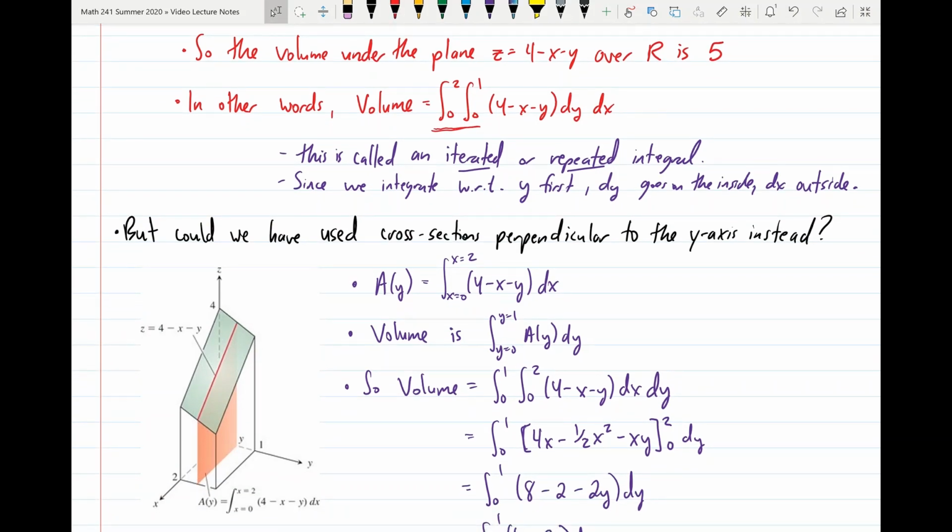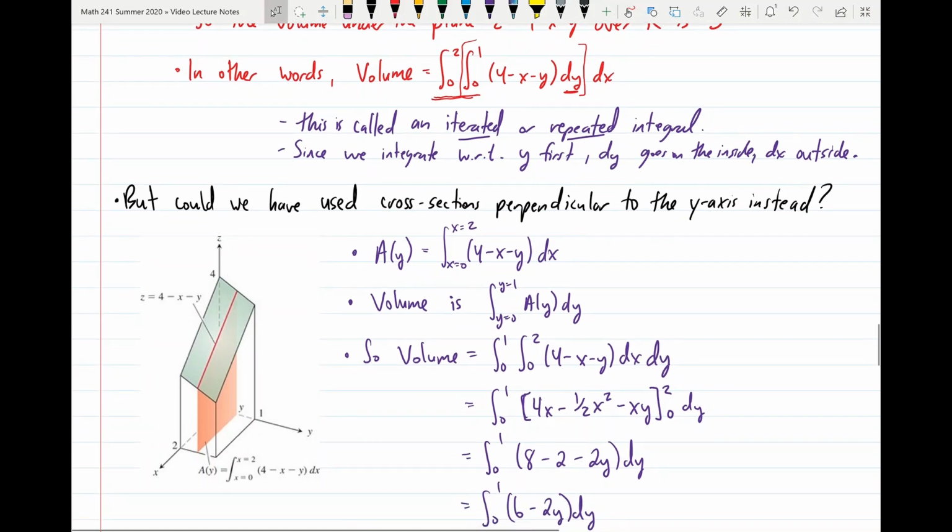And notice that since we are integrating with respect to y first, the dy is going to go inside of the dx. That's to notate the fact that this integral right here is going to be with respect to y as opposed to x. If you would switch the dy and the dx here, you would actually get different expressions or different values.